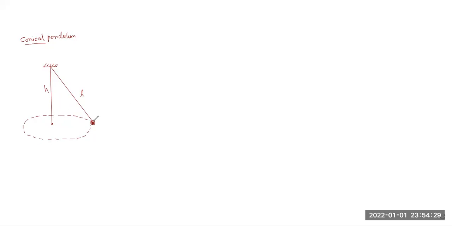Listen here now. Once the bob is here, we know that its weight mg is always acting downward. This mg is balanced by a force exactly in the opposite direction, which is T cos theta.